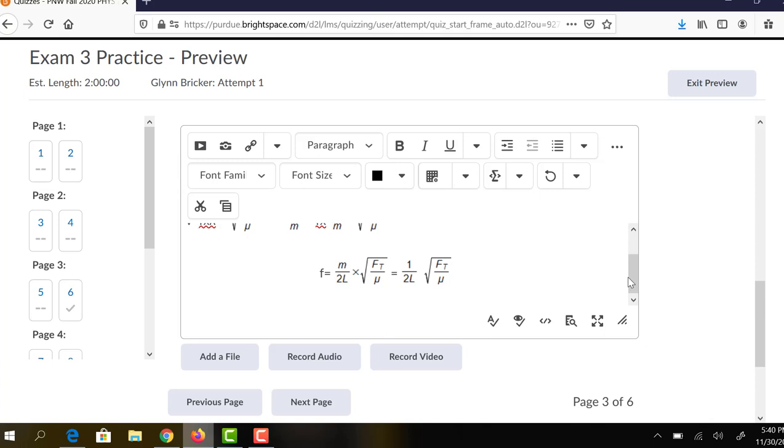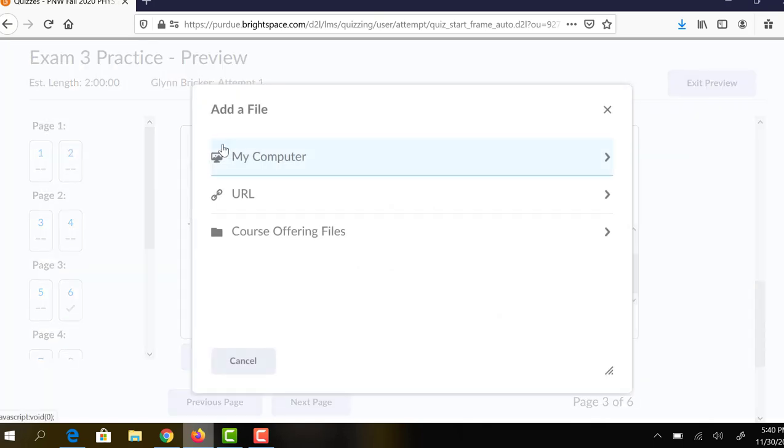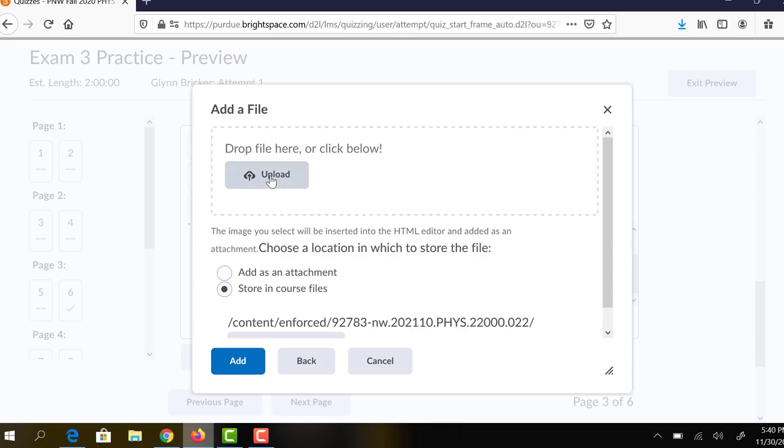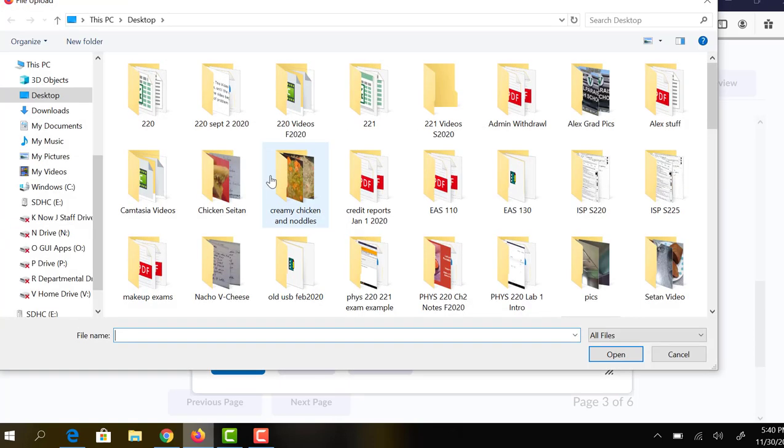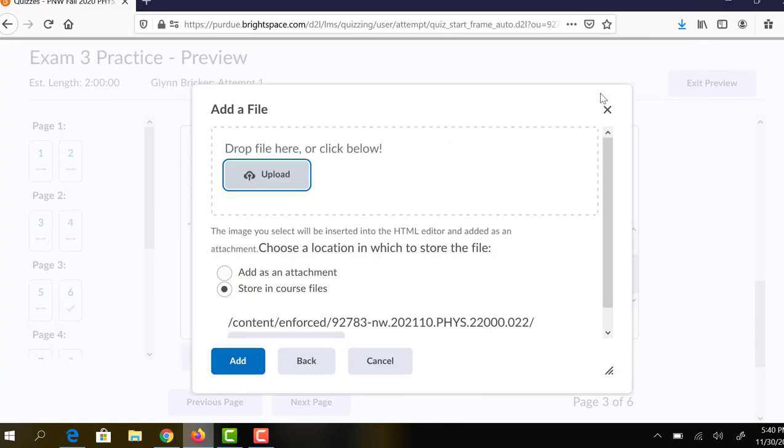But if you can take a picture of it somehow, then you could hit this button and add a picture that way. So wherever you saved it, probably on your desktop, you could just hit my computer, and then when you do upload, you can look wherever you want to try to find it. Okay, and then you just hit add, and then they'll ask you something, and we'll go through one like this.